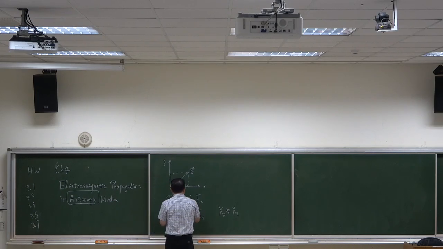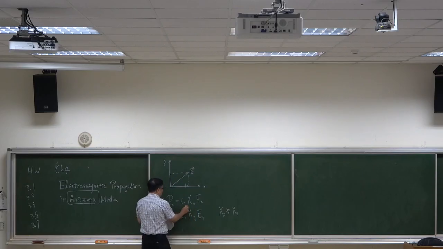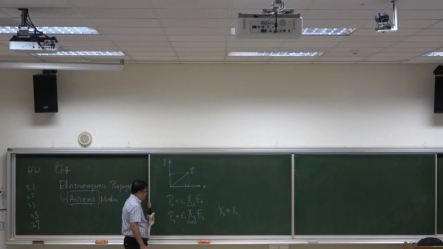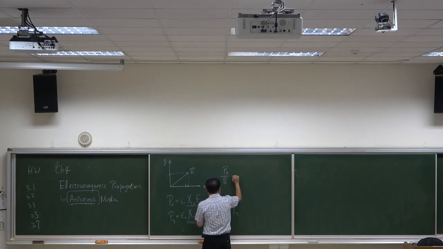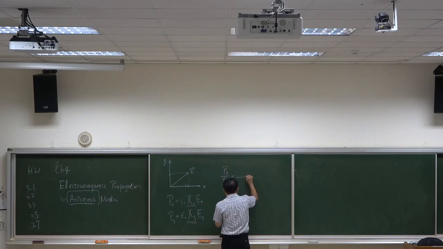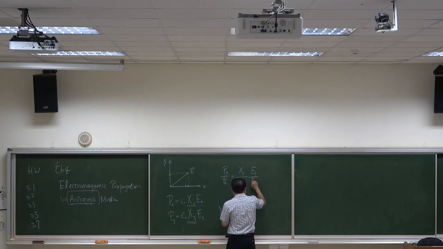And since the coefficients chi x and chi y are different, this means that Py over Px is equal to chi y over chi x times Ey over Ex.